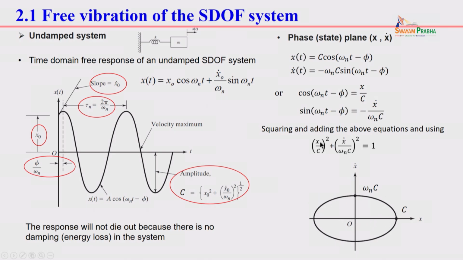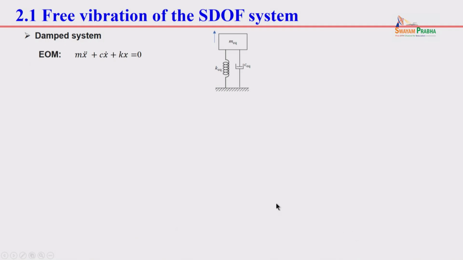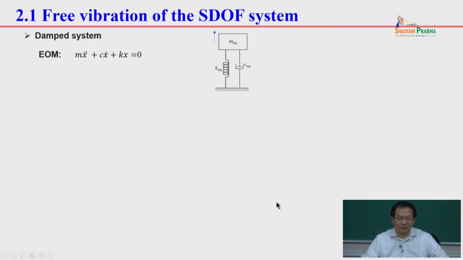So this is the phase plane. The phase plane is sometimes more convenient than the time domain. The time domain you can understand very easily, and the phase plane we sometimes use. For a damped vibration system, the system vibrates, becoming smaller and smaller, eventually reaching the center. So this is the phase plane, and this is free vibration.